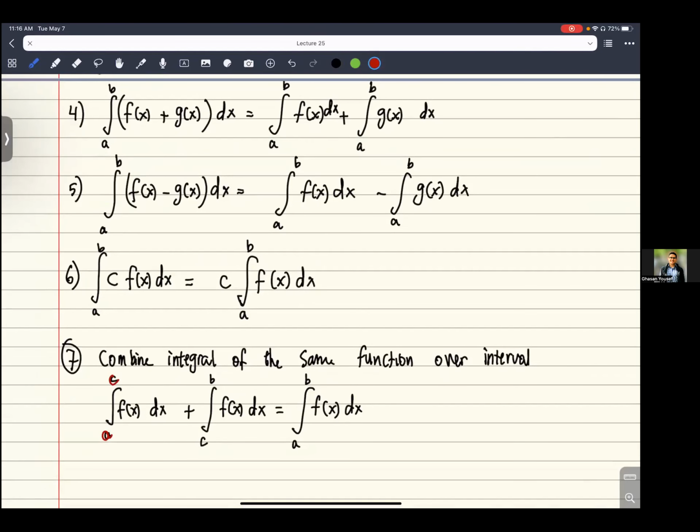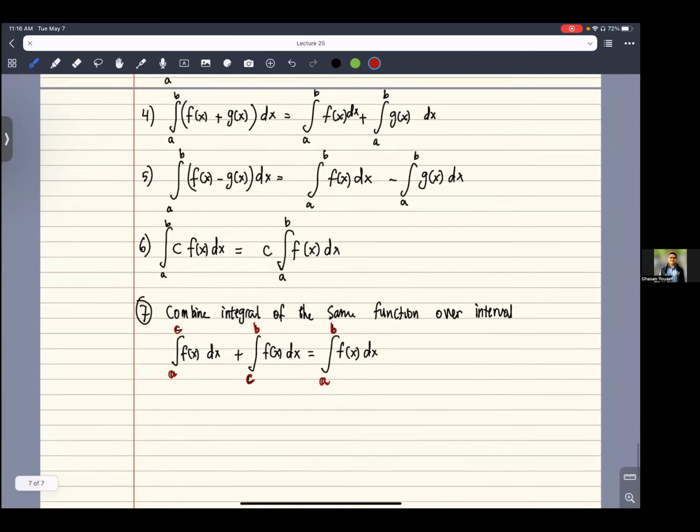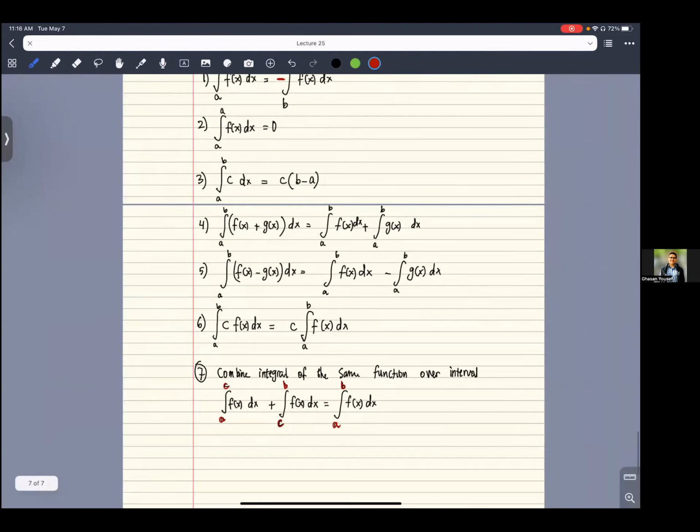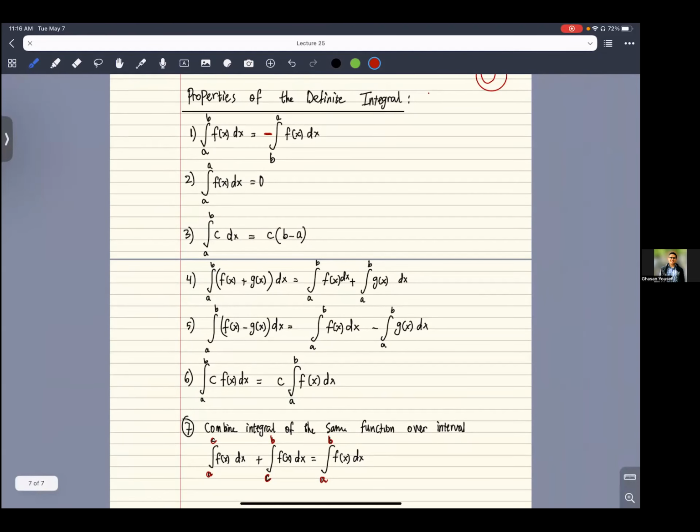A to c, c to b is the same as a to b. This property is very important. We're going to use it during the next example.